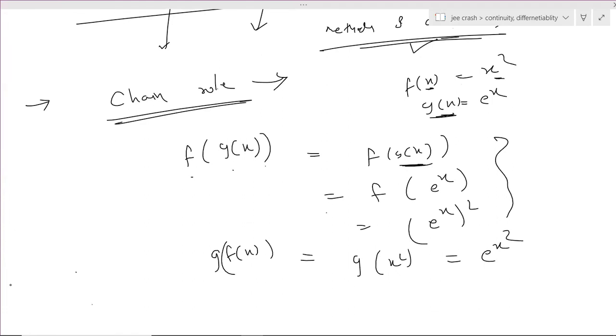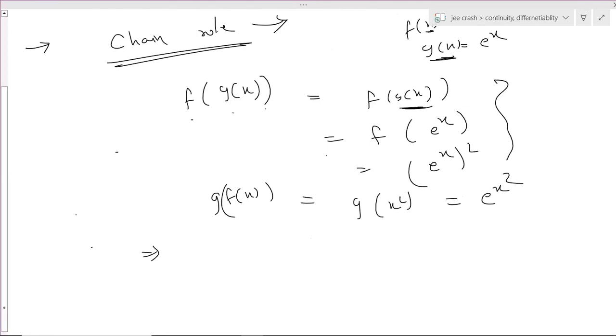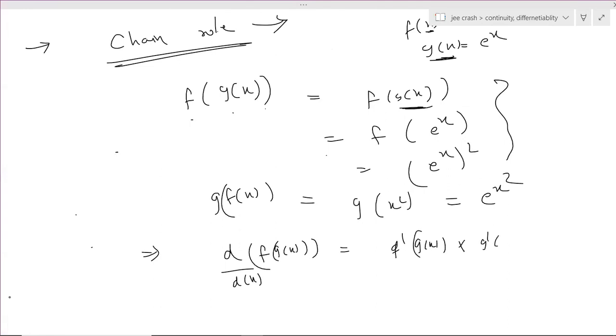So how to differentiate this? Always remember, if you have to differentiate this, then differentiation of f of g of x is f dash g of x times g dash x. All right, very important.